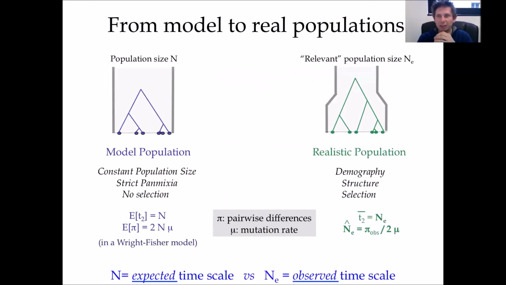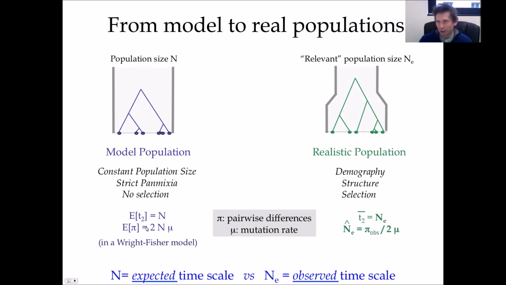Okay, so here is the deal. You have a model, a standard neutral model on the left side, and we say constant population size, strict Mendelian inheritance, no selection, put many things there. Under that model, the time scale at which the genetic drift will operate, which is the time scale at which the ancestry between individuals will occur, is capital N, which is the population size.